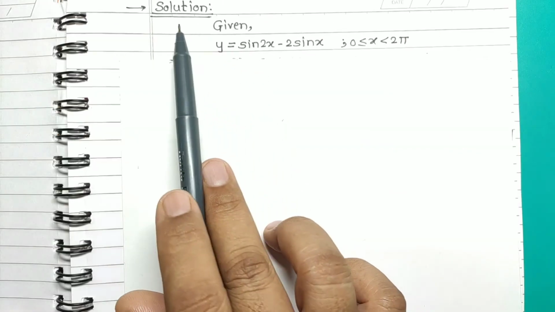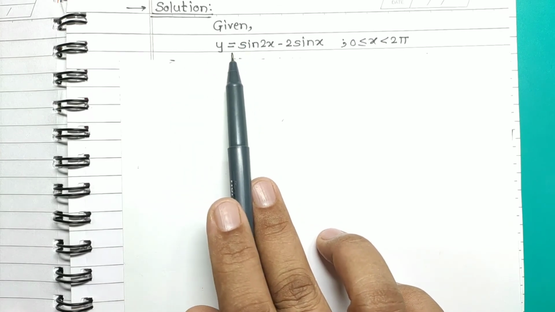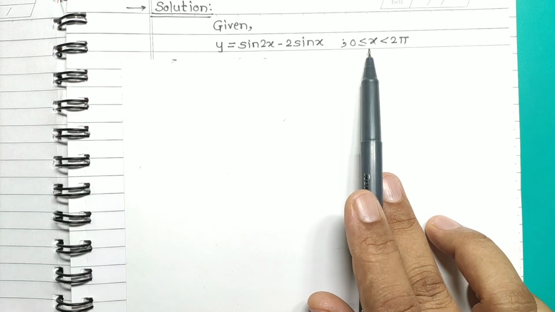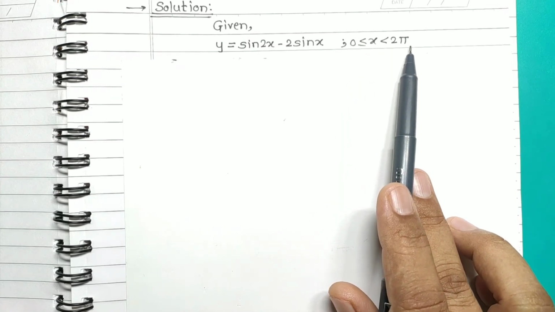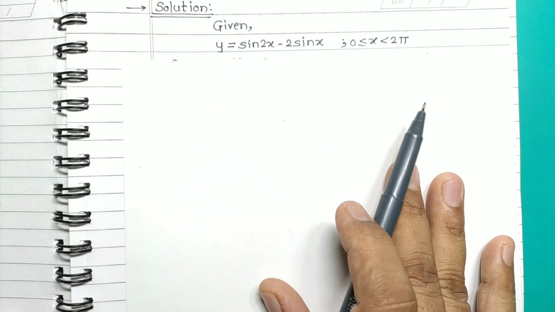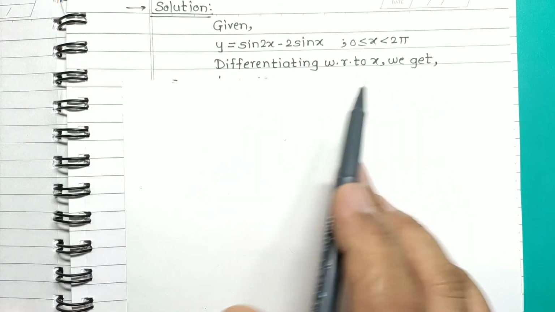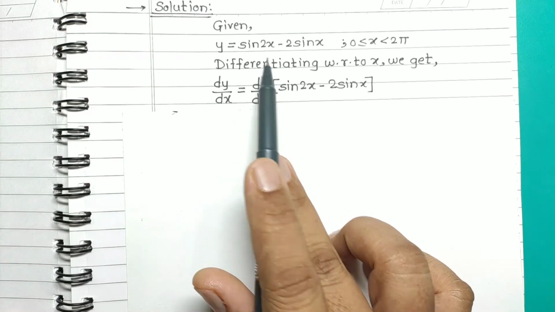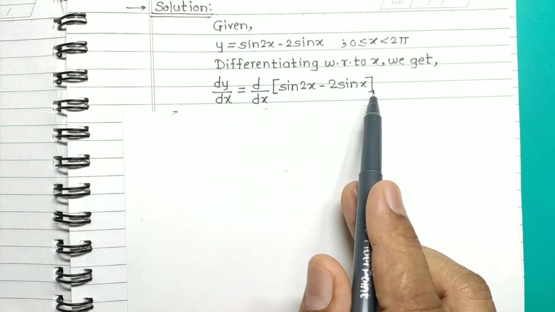So in this solution, you write down the given function y is equal to sine 2x minus 2 sine x for 0 less than or equal to x less than 2 pi. We have to find out dy by dx. So differentiating with respect to x, we get dy by dx is equal to derivative of sine 2x minus 2 sine x.